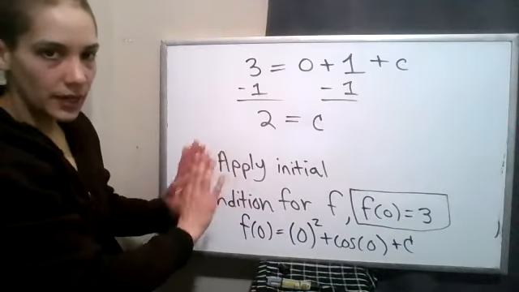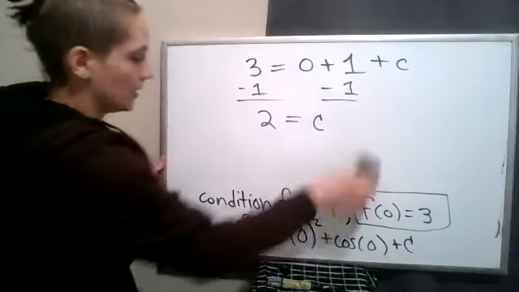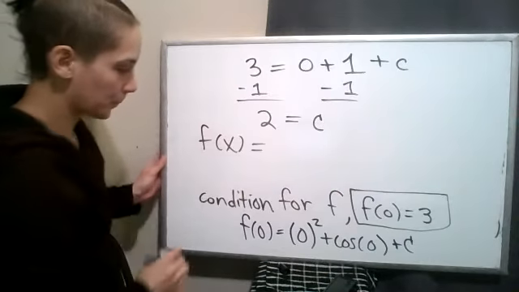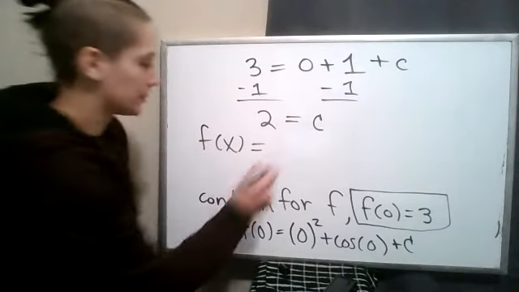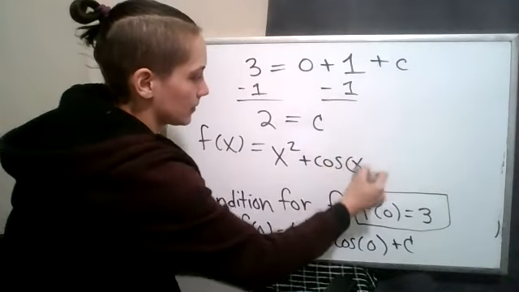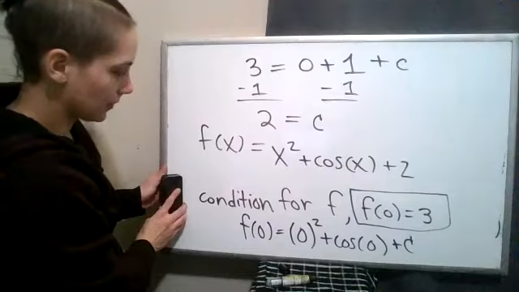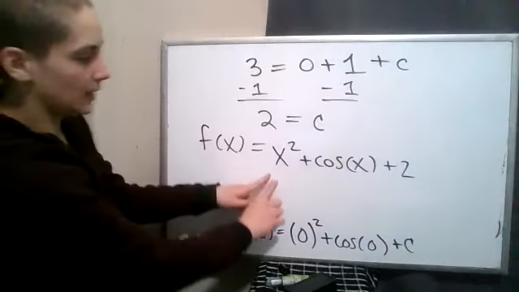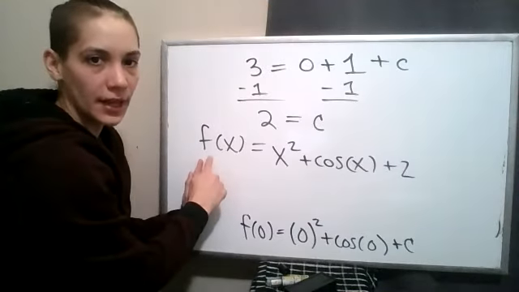So use that to write your final function. F of x is x squared plus cosine x plus 2. Okay, and this is your function f.